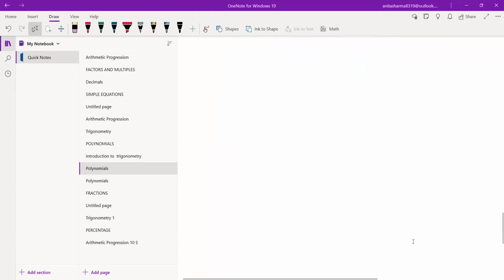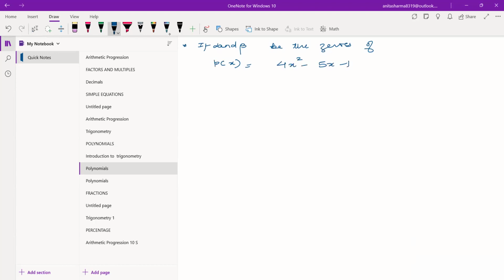Now, next question, children, I am giving to you. If alpha and beta be the zeros of the polynomial 4x square minus 5x minus 1, then find the value of alpha beta square plus alpha square beta.